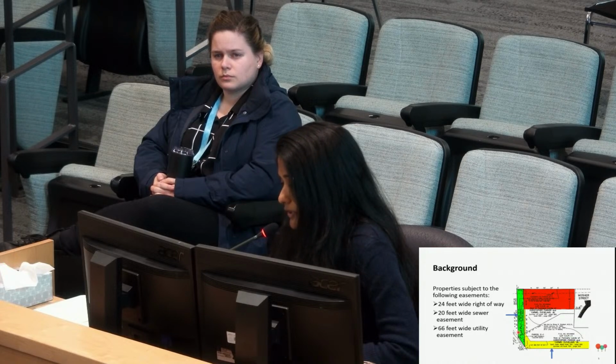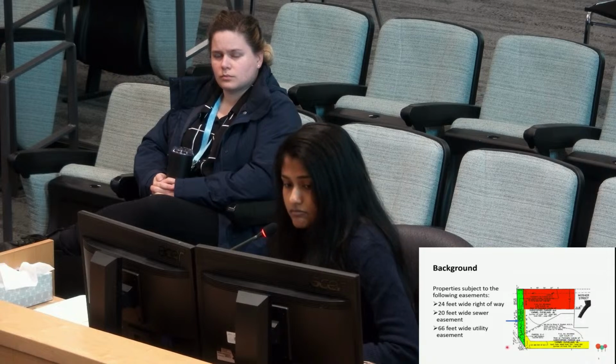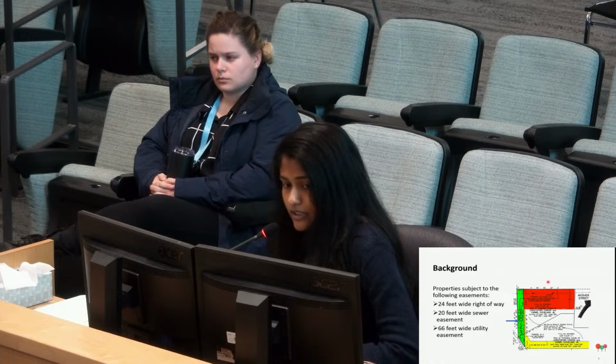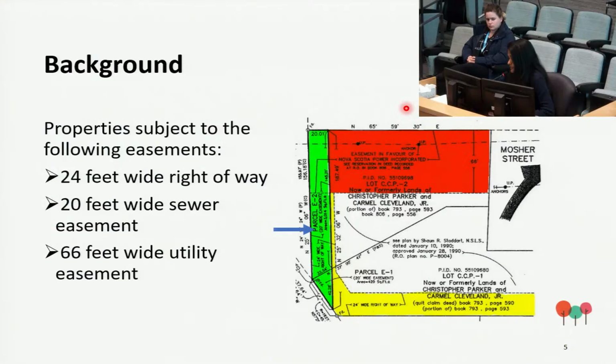And there is also a 20-foot wide sewer easement marked in green here, benefiting the property owners towards the north over here to connect their sewage disposal system to the municipal sewer through this property. And there is also a 66-foot wide Nova Scotia power easement towards the north of this property.